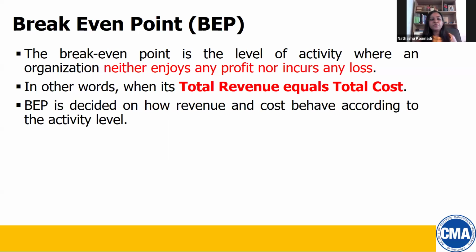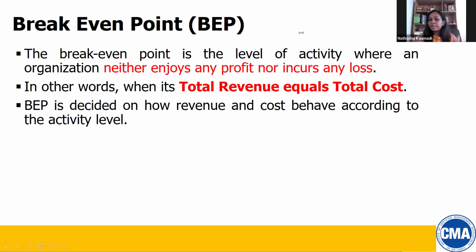Now, even though we discussed break-even point and everything, we didn't discuss the formula yet, right? We know that break-even point is the level of activity where our organization neither enjoys any profits nor losses. No profits, no losses. In other words, total revenue equals total cost. That is also correct. What is the other relationship that we discussed?